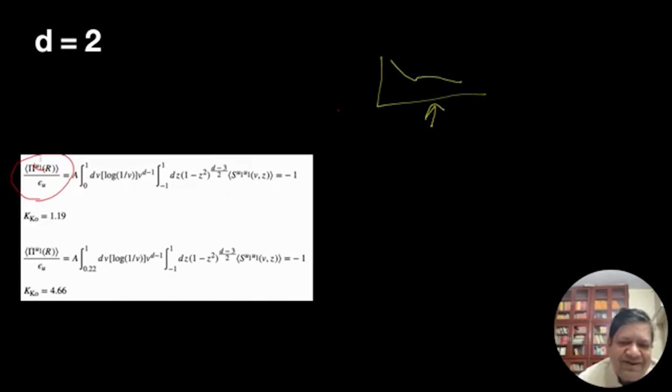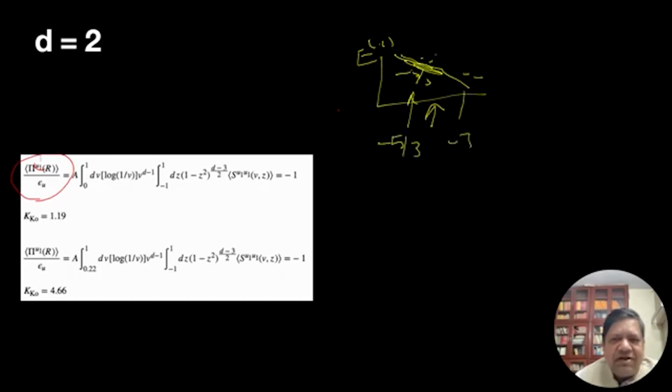I'm sorry, I made a slight mistake. So there's a 5/3 regime in the spectrum E(k), shallow, and a steeper one. This is -3, -5/3. So this regime is what we are looking at. I'm sorry to say this is -5/3 and this is -3. So this is the regime we are looking at, and in this regime the flux is in fact negative.